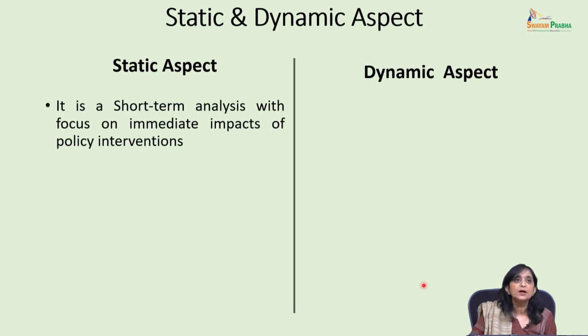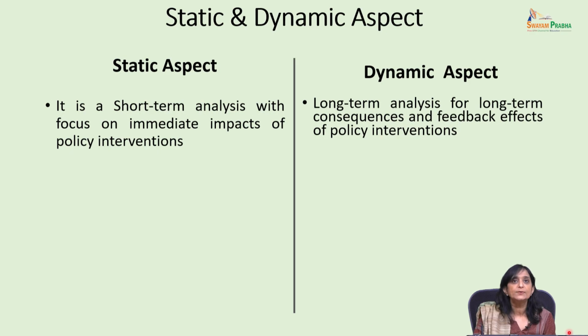When we are talking about a short-term analysis, when we are focusing on the immediate impact of a policy intervention for a short period of time, it is called a static analysis. Whereas when we talk about dynamic, we are talking about a long-term consequence or the feedback effect of a policy intervention.